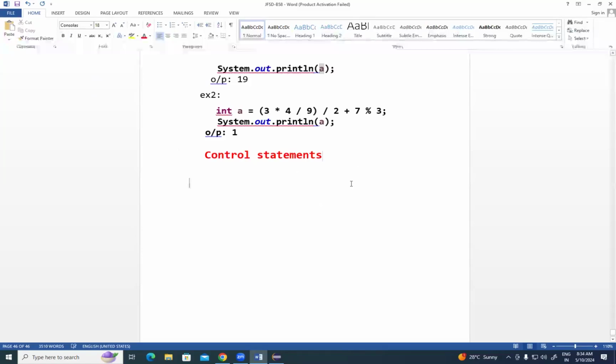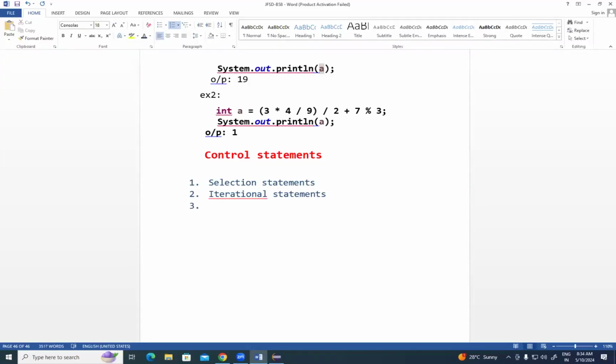Control statements are again subdivided into three types. One is selection control statements, or simply selection statements. The second one is iterational statements, which are also called loop statements.